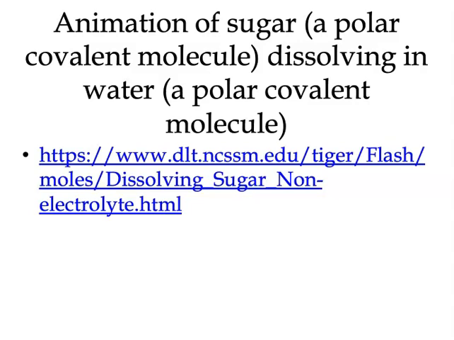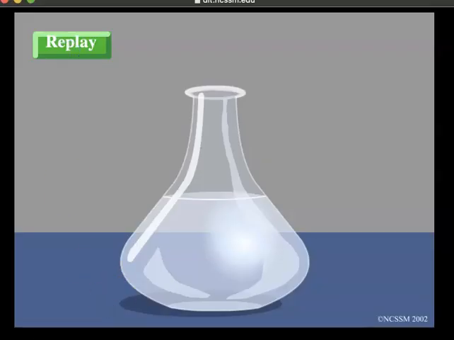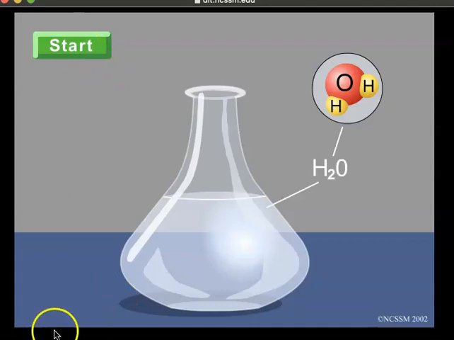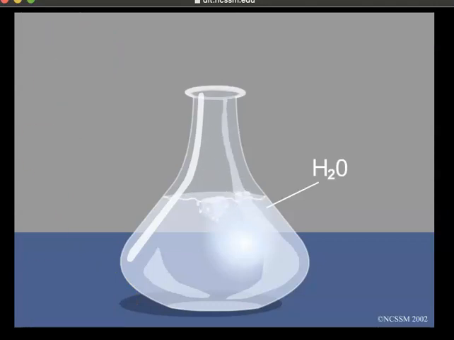This is going to be sugar, which is a polar covalent molecule, dissolving in water, which is itself, as we talked about, a polar covalent molecule. But you'll notice a couple of differences between this and what we saw for the ionic compound dissolving. So macroscopically to our eyes, this is what we're going to observe.